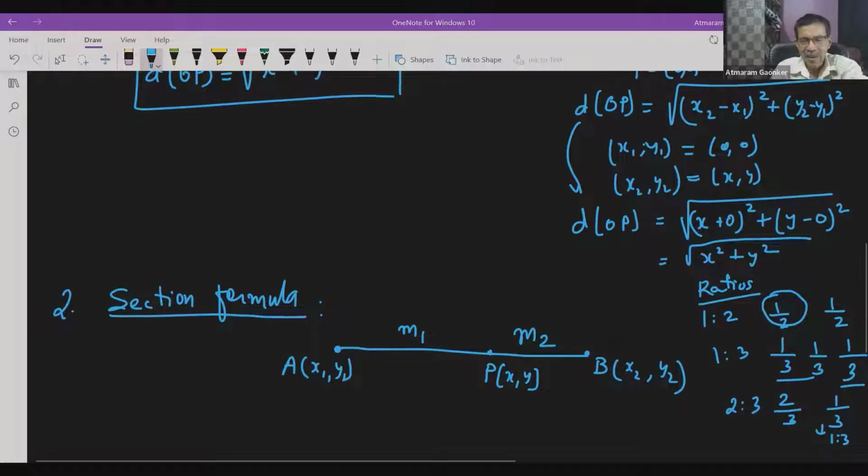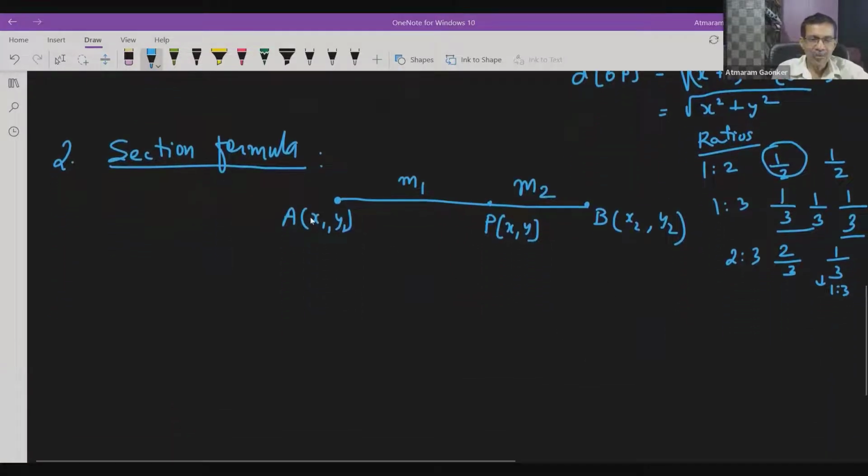So let us understand that if there is a line AB or a chord AB which is divided by point P in the ratio m1:m2.